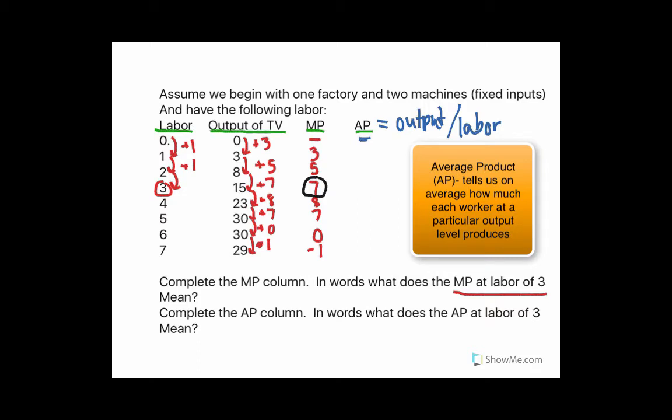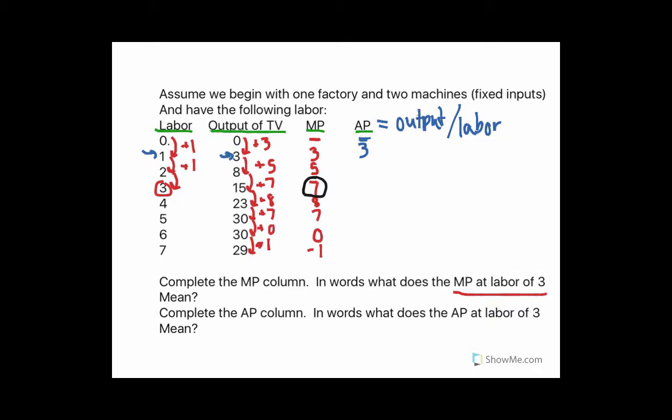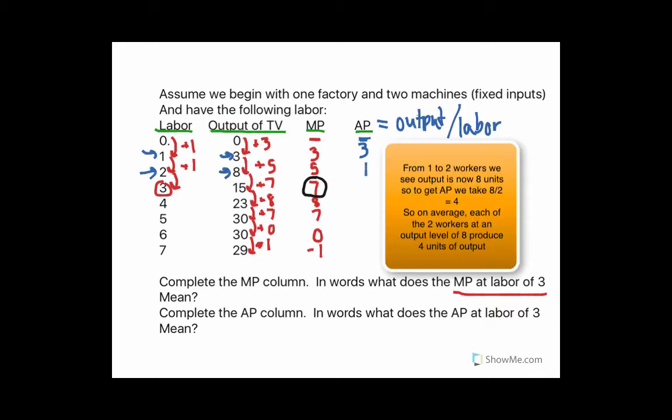But if we start with labor 1, we take our output of 3 and divide by our one worker. That worker is producing an average of 3 units. Then at a labor level of 2, we have an output of 8 divided by 2 for our labor. So those two workers, on average, are producing 4 units of output each.